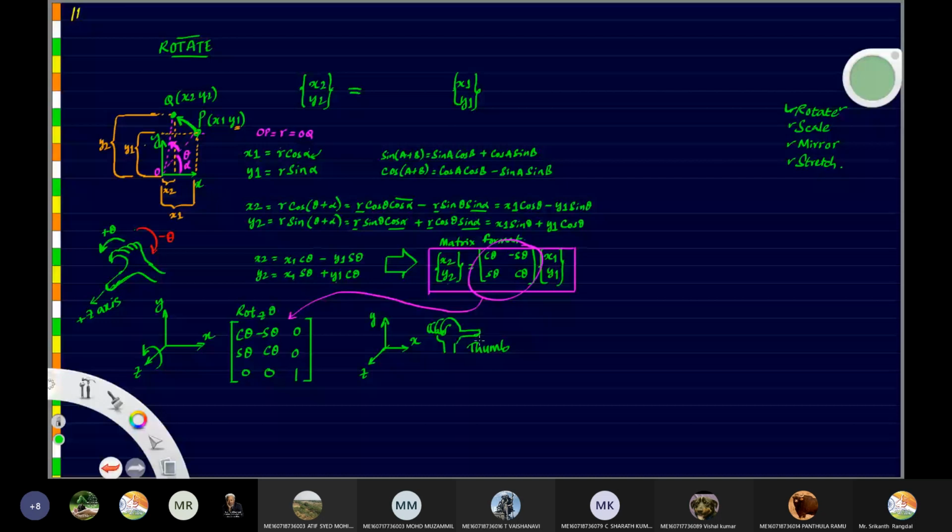This is our thumb, and these are the remaining fingers, and this is the positive rotation. Are you getting it? So now let me write the equation, rotation about x-axis by some other angle. Let us take phi in this case.